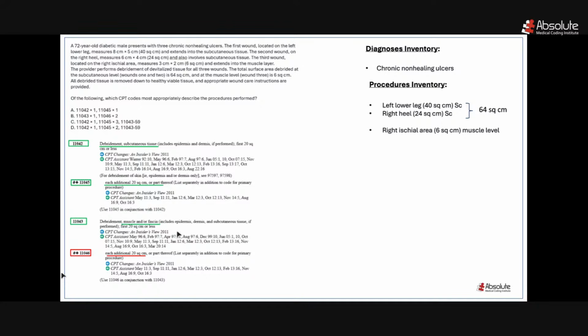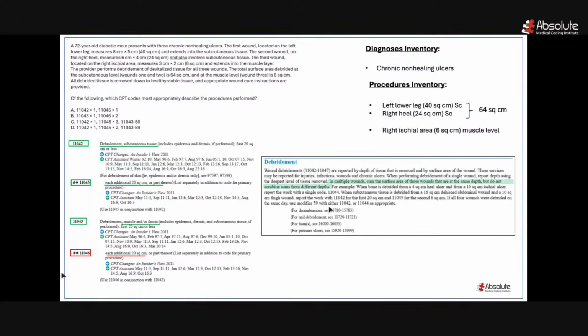So these codes are incorrect, because from the guidelines we know that if two debridements are performed at two different levels, we can have two levels in our answers.